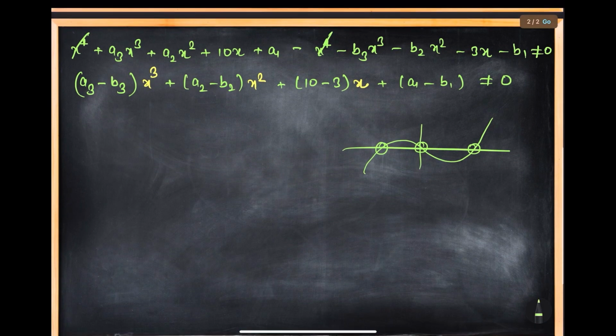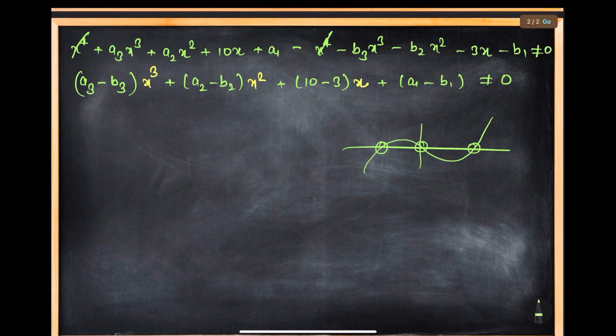So when will we have no real root? When this is not a cubic polynomial. Means, sir, you have to put a3 minus b3 as 0. Because if you keep this thing as a cubic polynomial, 100% you will have a real root.